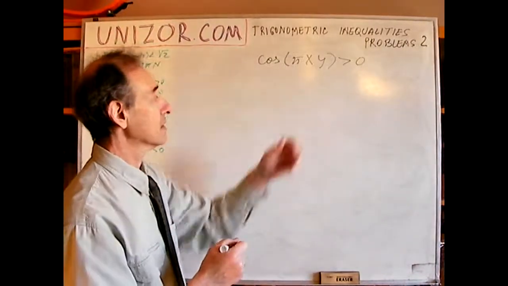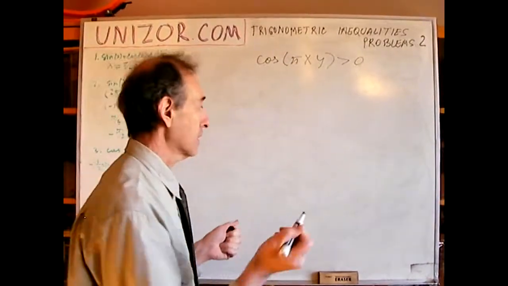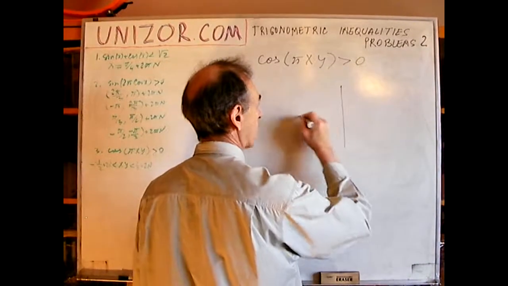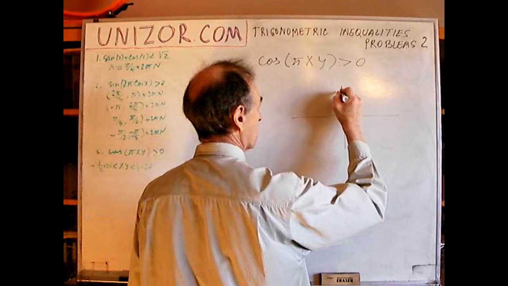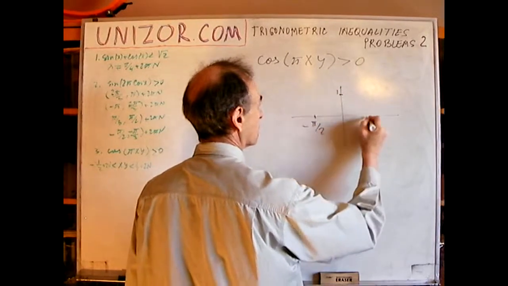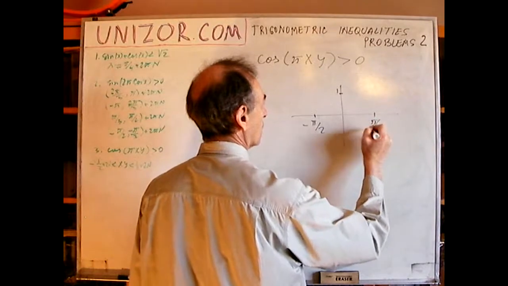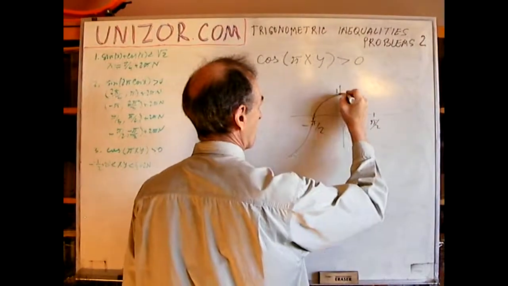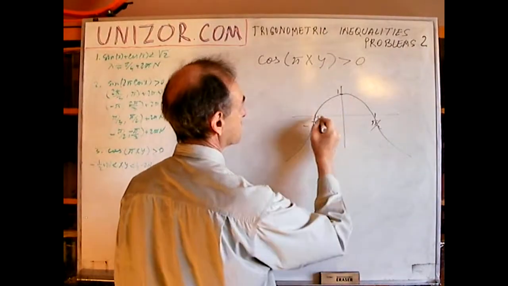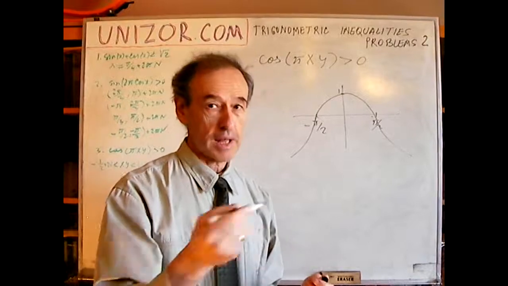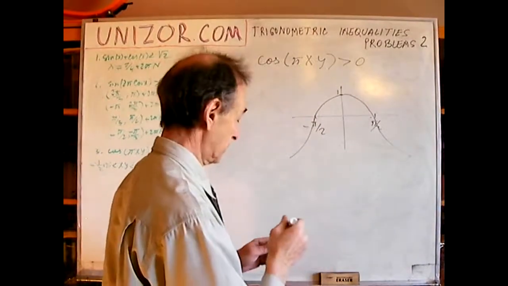The cosine is positive, as you understand from the graph. So this is 1, this is minus pi over 2, and this is pi over 2. Right? So cosine goes like this. So it's positive between minus pi over 2 and pi over 2, plus 2 pi n, obviously, right?